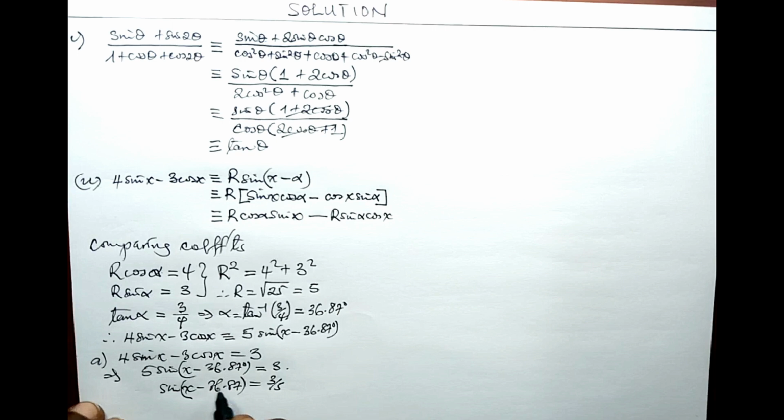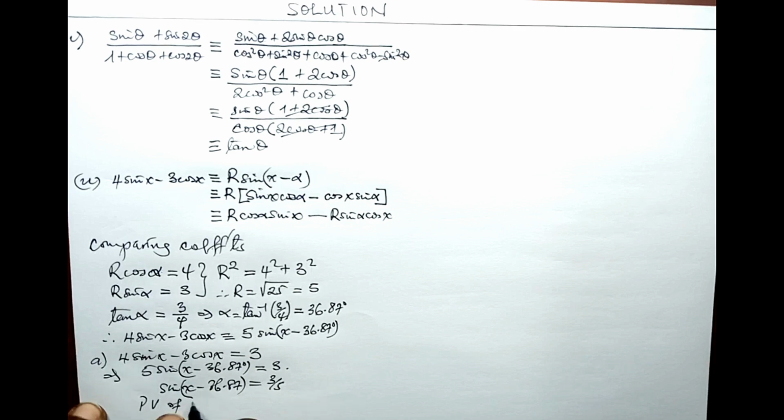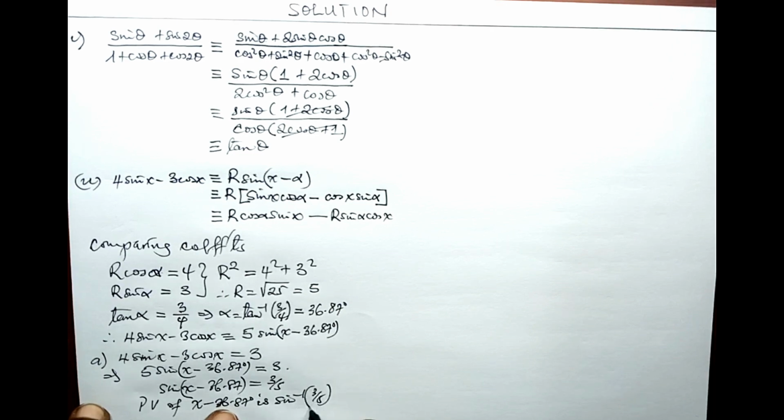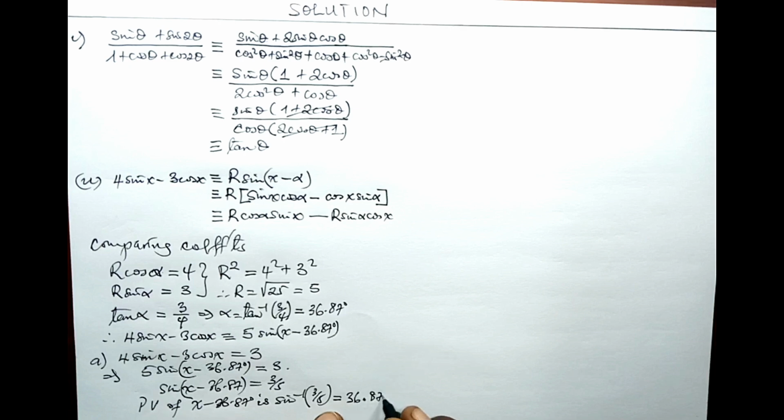And we'll be needing the principal value of this angle. So we say PV of x minus 36.87 degrees should be sine inverse of 3 all over 5. And sine inverse of 3 all over 5 should be 36.87 degrees.